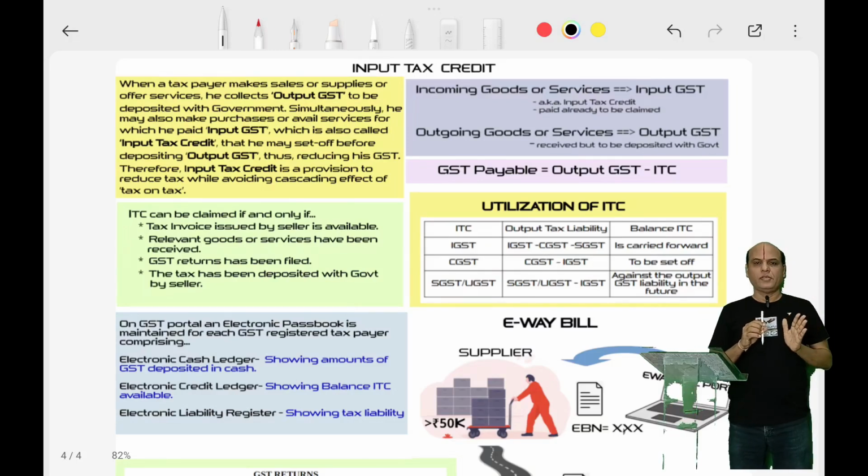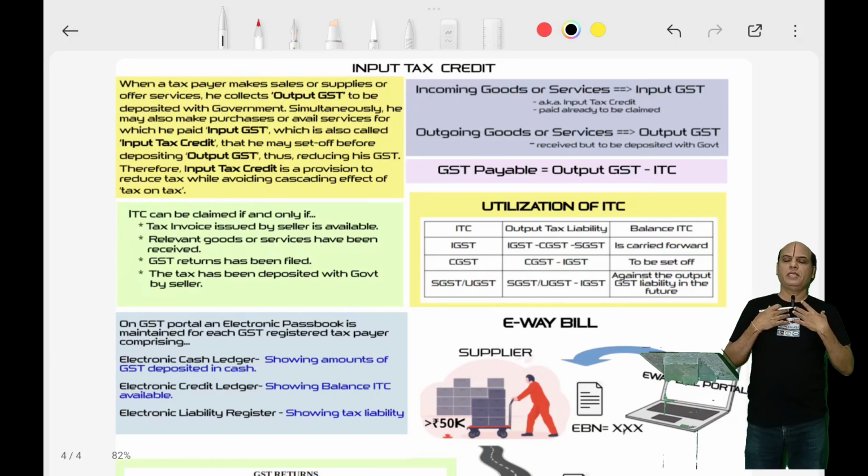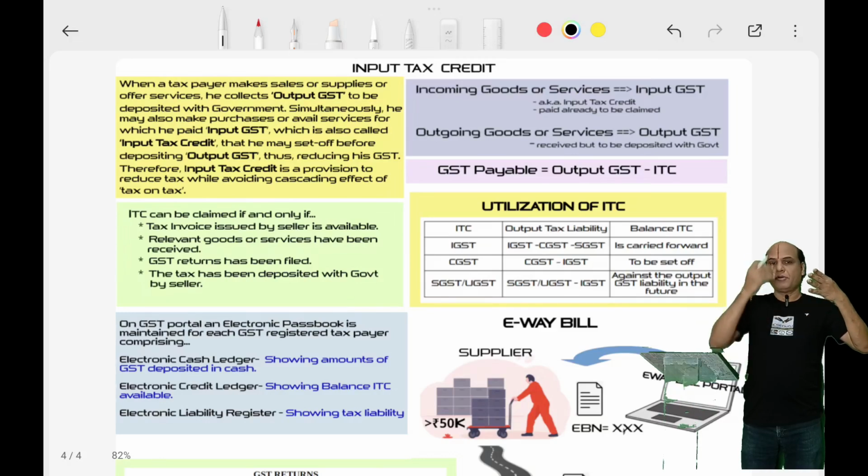Understood? So input tax credit that stands against me can only be claimed when I have met these four conditions. What are these four conditions? First, I should hold a tax invoice issued by the supplier of goods or services that I have received.